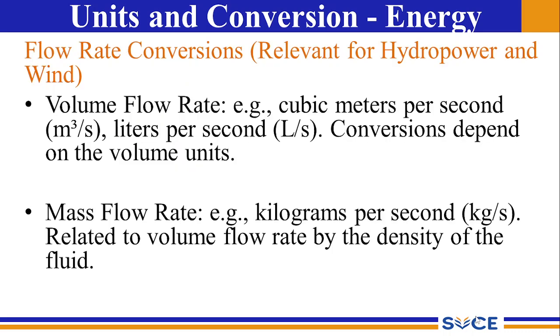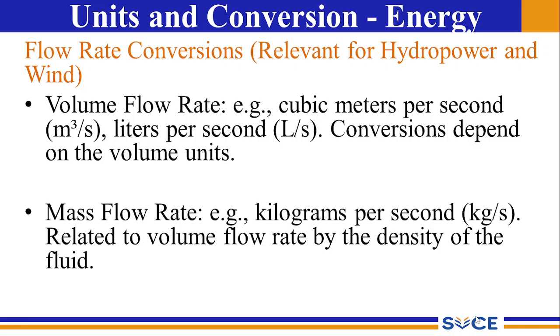Next one is about your flow rate conversions. This is applicable for your hydropower and wind. Volumetric flow rate is cubic meter per second, or liter per second. And mass flow rate is going to be kilograms per second.